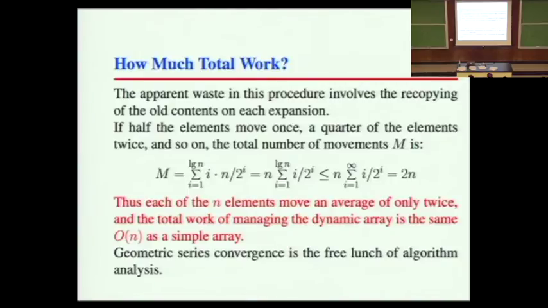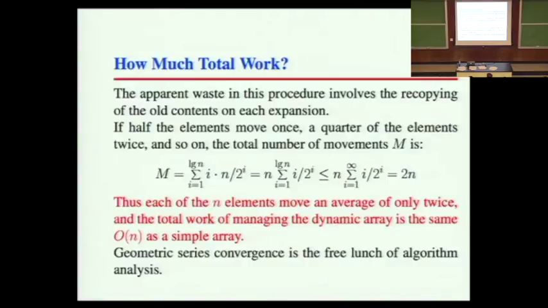And then this is a pattern. All that the summation does is write it in notation. So this is i, and this is n over 2 to the i, because that's the size of the array when you're going back from 1 to log n. So why is this log n? Because that's how many times you're doubling.